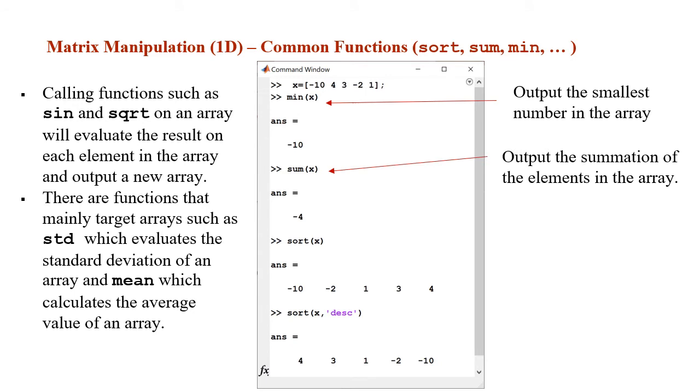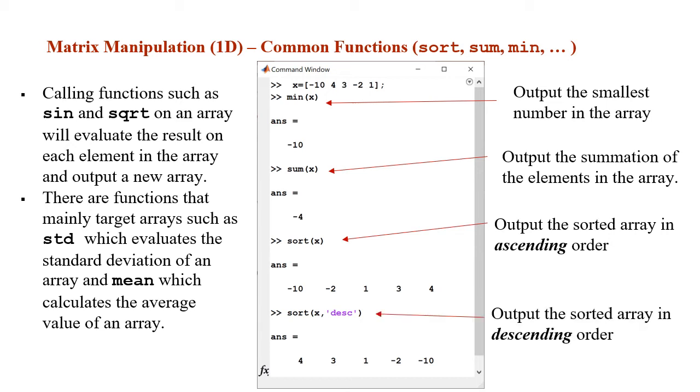Calling sort on x will output the sorted version of x in ascending order, which is the default order. If we are interested in sorting x in descending order, we need to pass an additional input to the function sort, which is the text 'descend'. There are other functions such as the standard deviation, which is std.